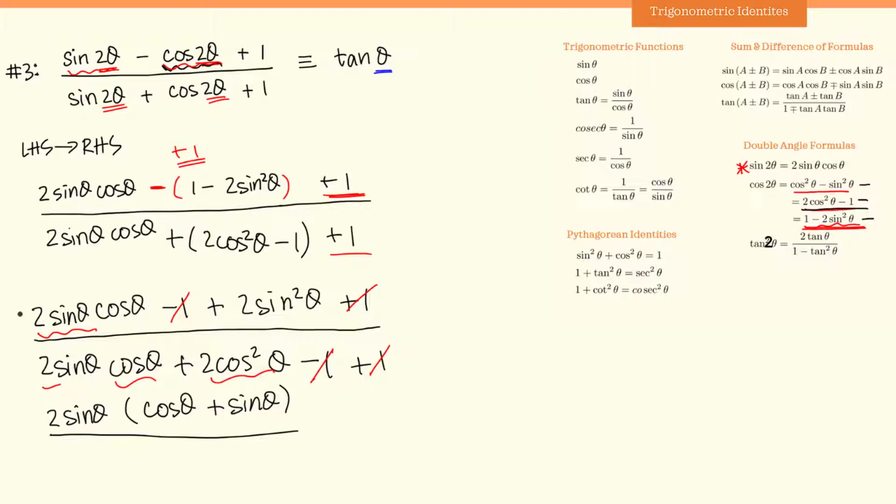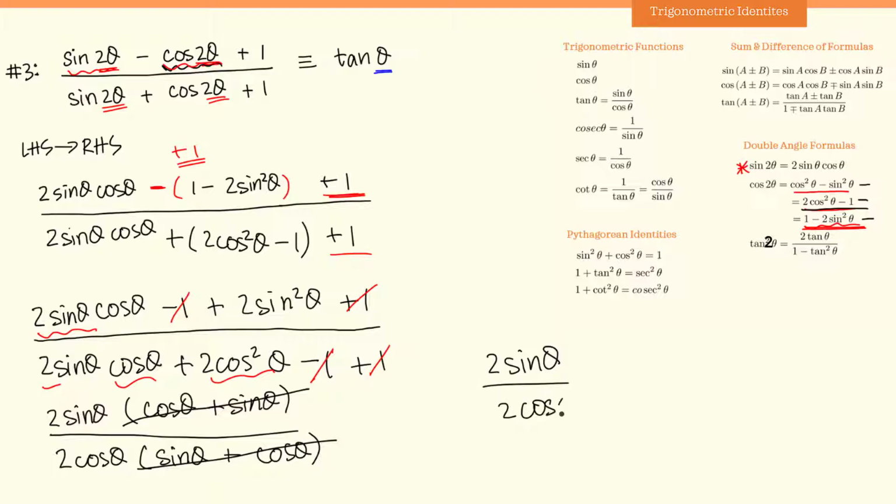So I can take 2 cosine theta common, and I would get sine theta plus cosine theta in the bracket. Cosine theta plus sine theta can also be written as sine theta plus cosine theta. So these two brackets cancel out, and I'm left with 2 sine theta divided by 2 cosine theta.